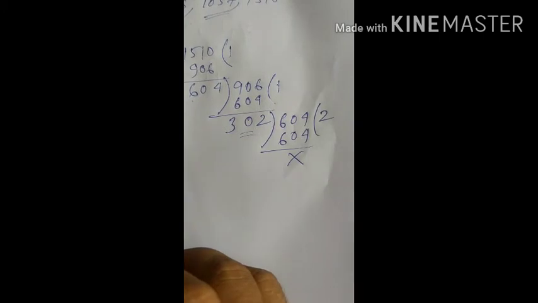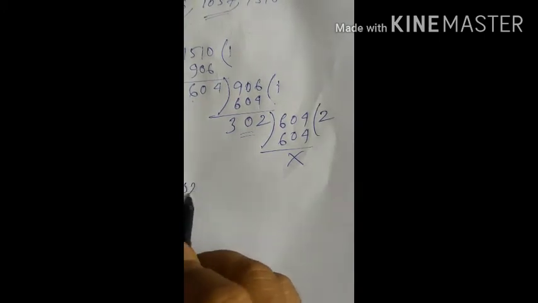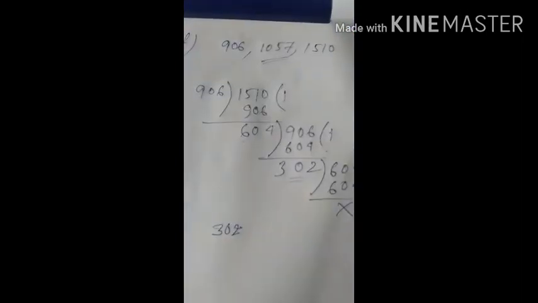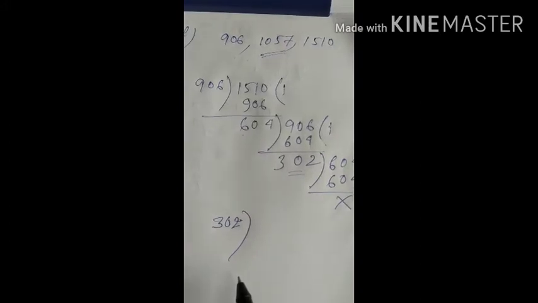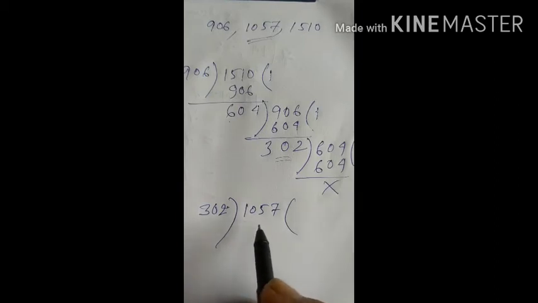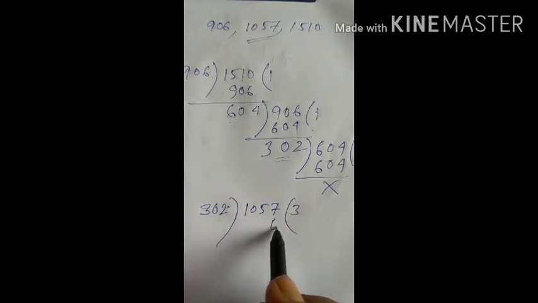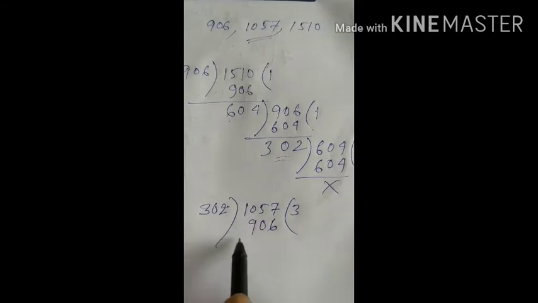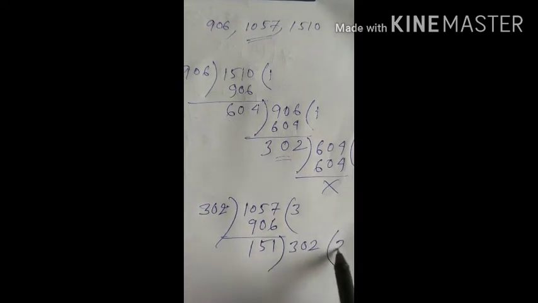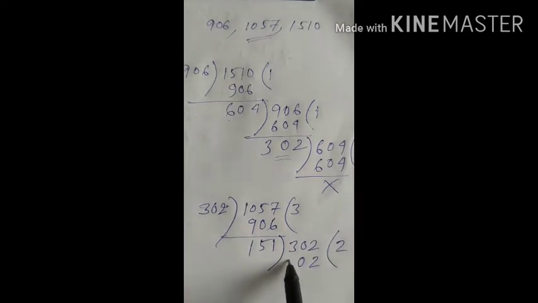So 302 divides 1057: 3 2s are 6, 3 3s are 9, 1 5 1, and so on.